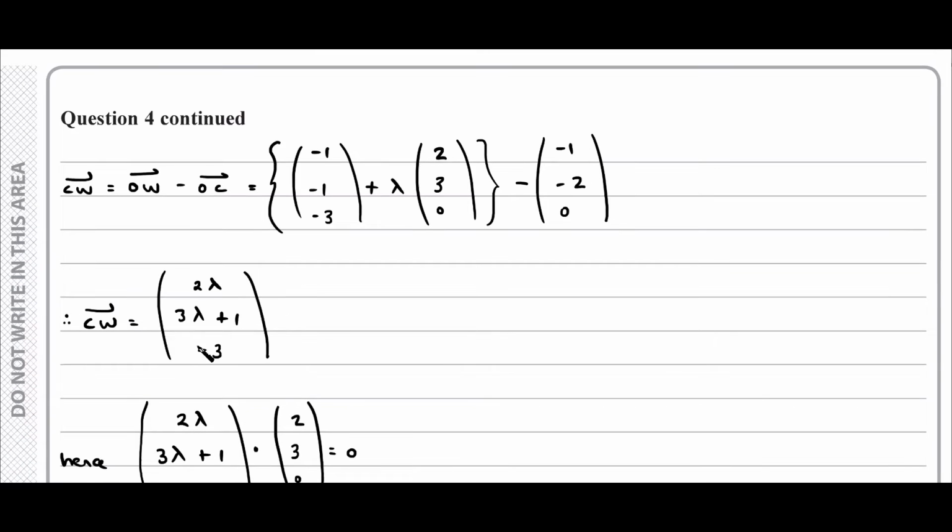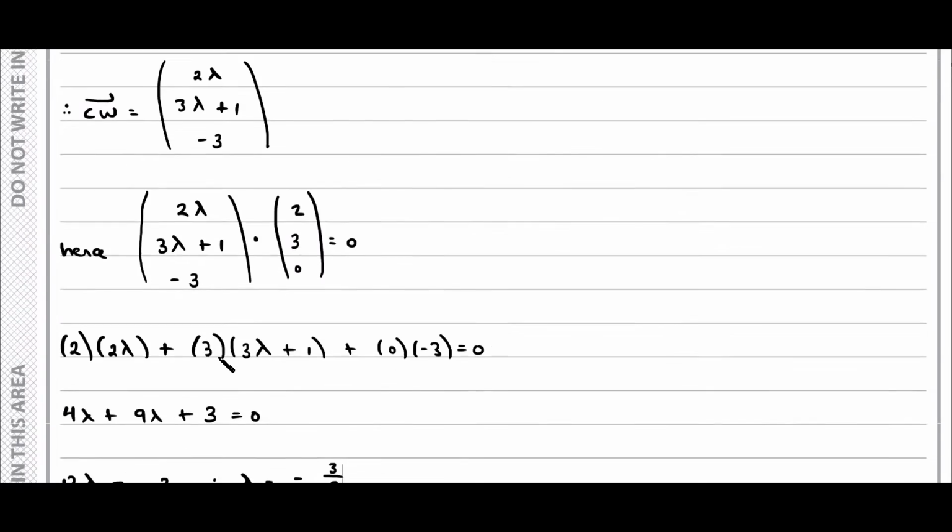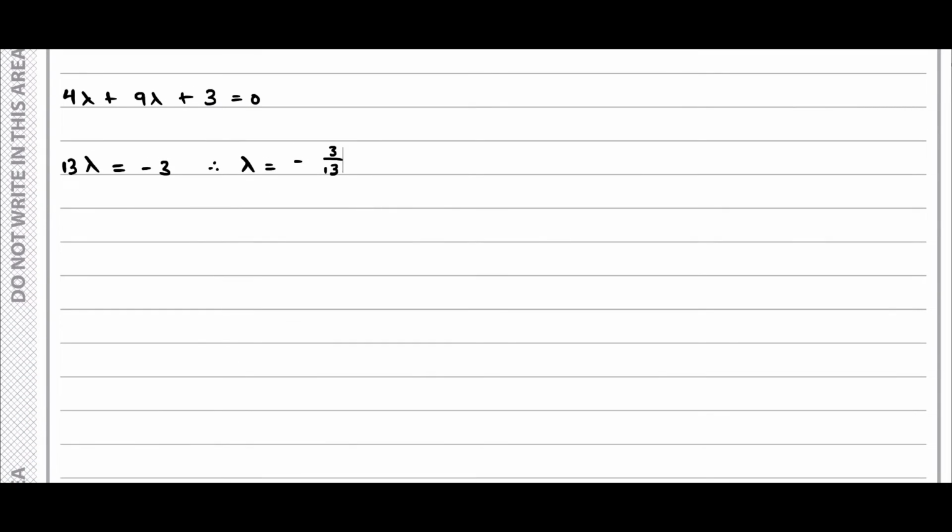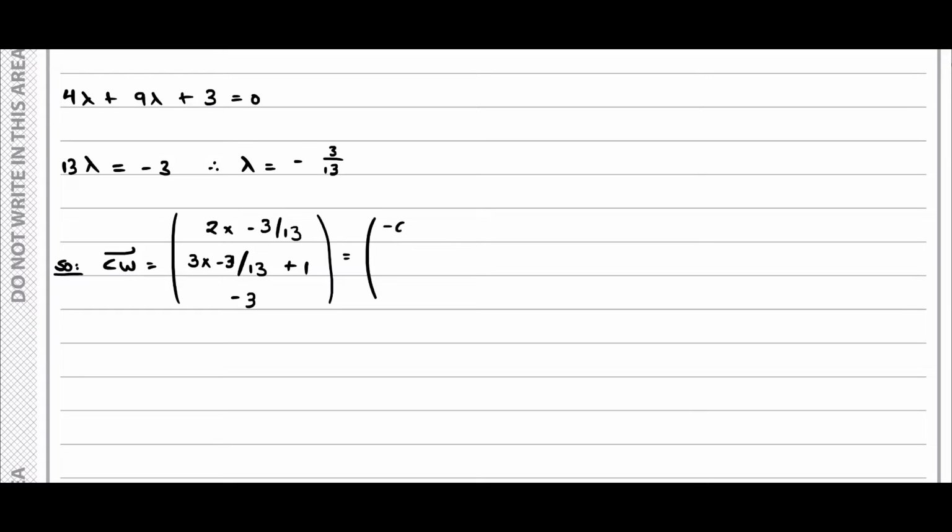Having said that, we can now find CW. CW will therefore equal 2 times minus 3 over 13, 3 times minus 3 over 13 plus 1, minus 3. So we have minus 6 over 13, 4 over 13, and minus 3.